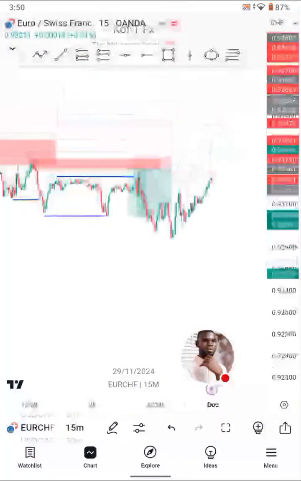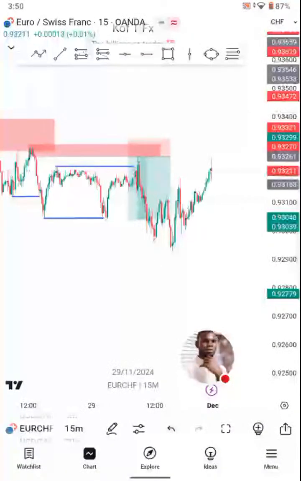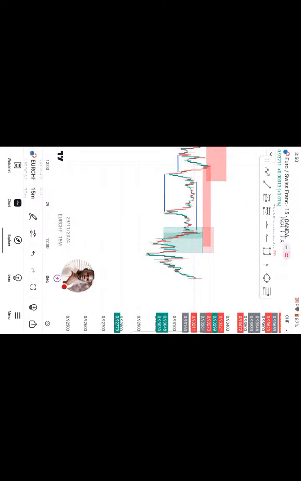So actually, in this case, in order to avoid missing out on the trade as a result of spread, because the entry was actually very sniper, there is higher tendency of missing out on this trade.